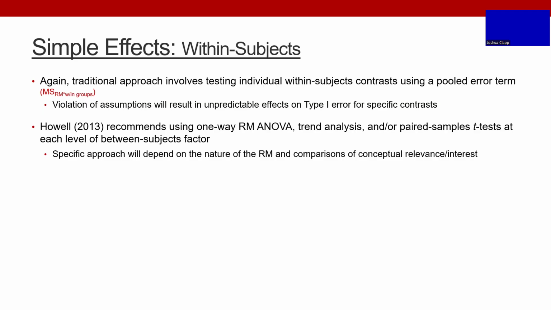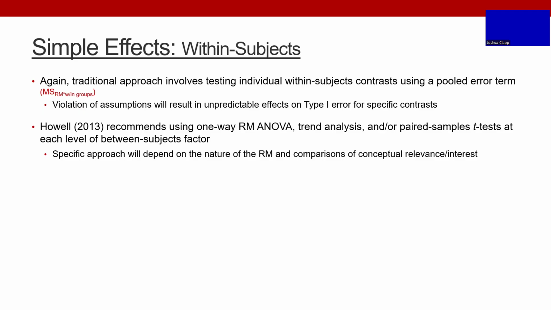But then we've got a violation of sphericity always, and that comes into play. So we've got to be very, very careful with just pulling error terms from our overall ANOVA table and just plugging that in.